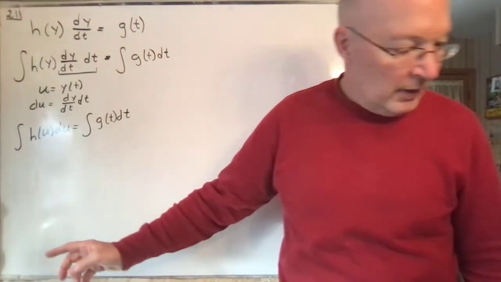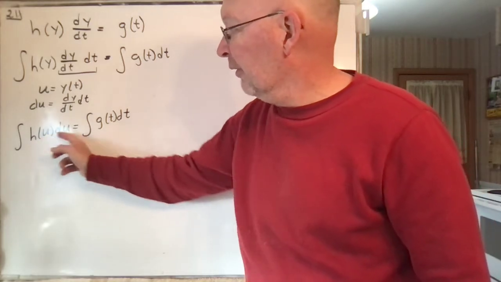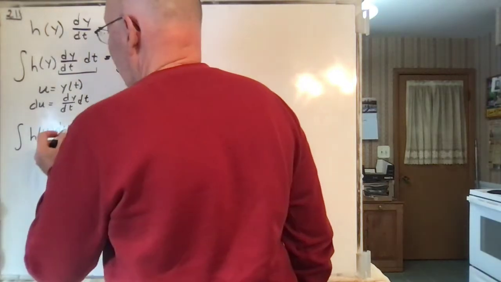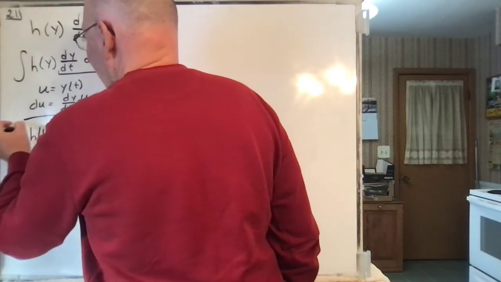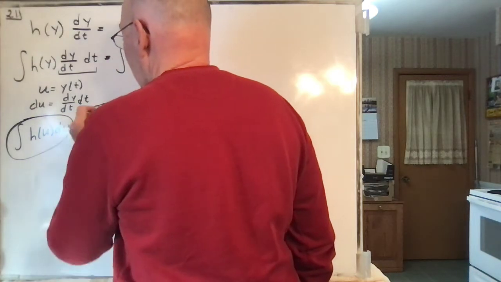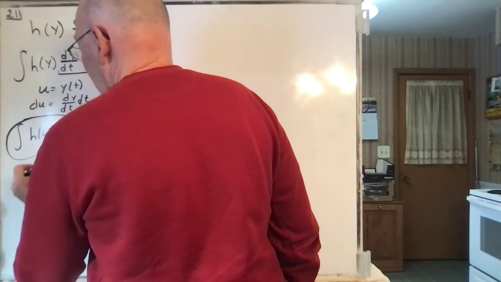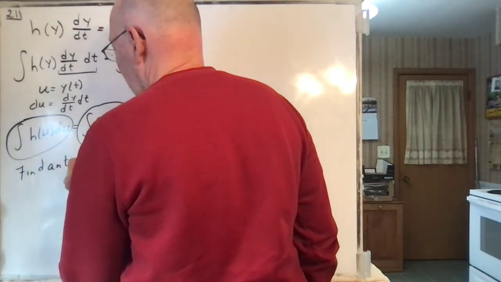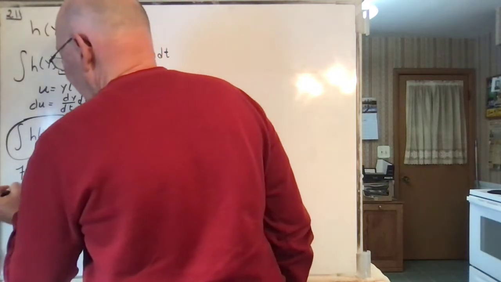And then this is just a dummy variable, so it doesn't matter whether that's a u or a y or whatever it is. So the point is, you get the answer by just taking the antiderivative of both sides.